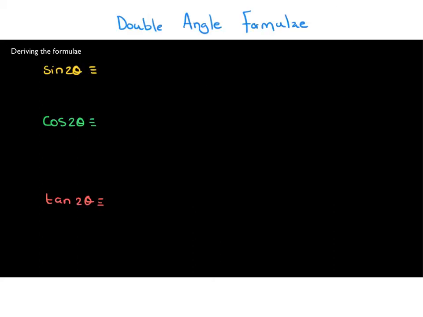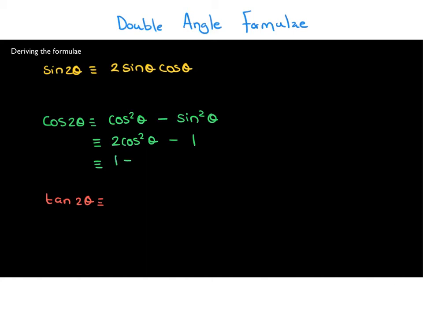So we'll finish off by summarising the three double angle formulae identities. Sine 2 theta is equivalent to 2 sine theta cos theta. Cos 2 theta is equivalent to cos squared theta minus sine squared theta. It is also equivalent to 2 cos squared theta minus 1, and it is also equivalent to 1 minus 2 sine squared theta.